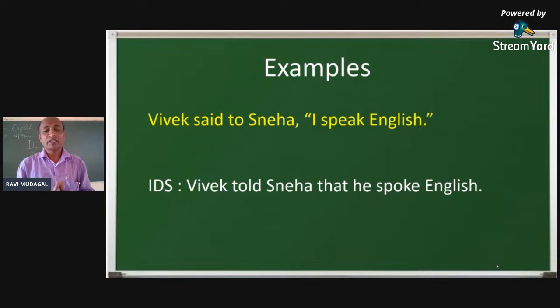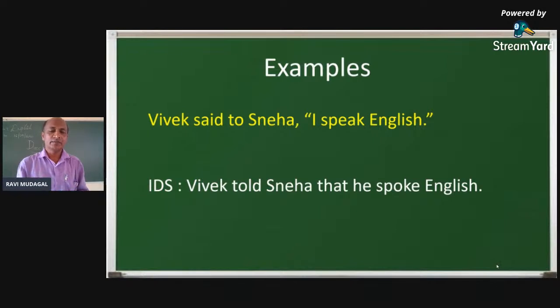How do we change from direct speech to indirect speech? This is the answer: Vivek told Sneha that he spoke English. The simple present tense is changed to simple past.